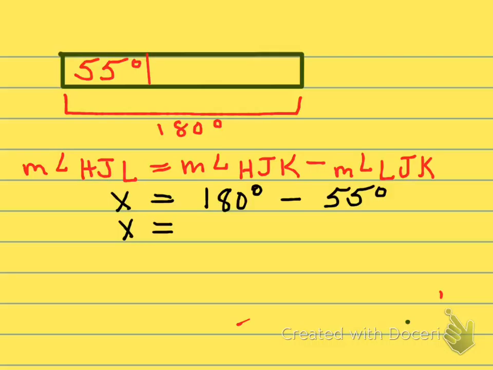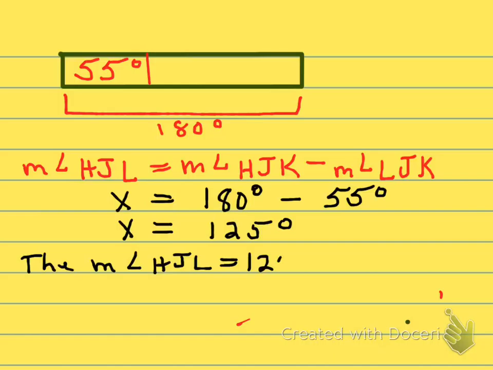Have you got it? Do the math. All right, you're absolutely right. 125 degrees. So the measurement of angle HJL, which was our angle X, the unknown, must equal 125 degrees.